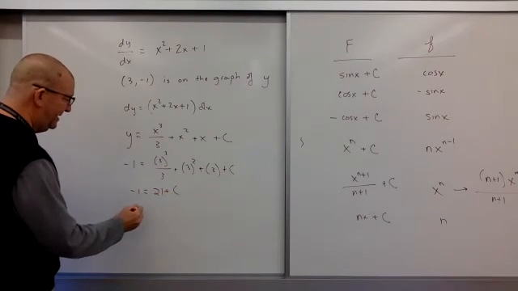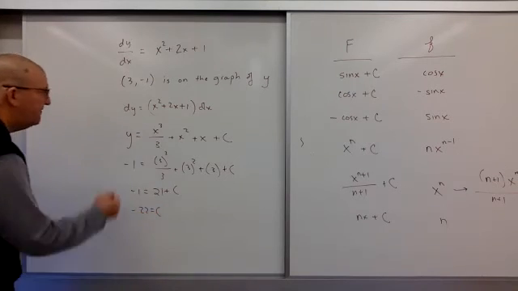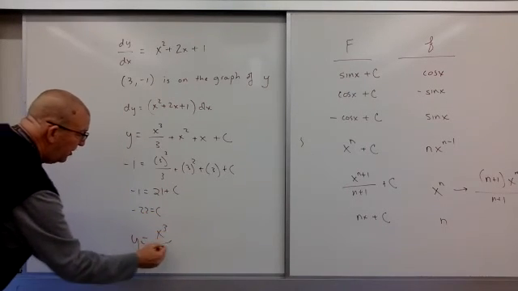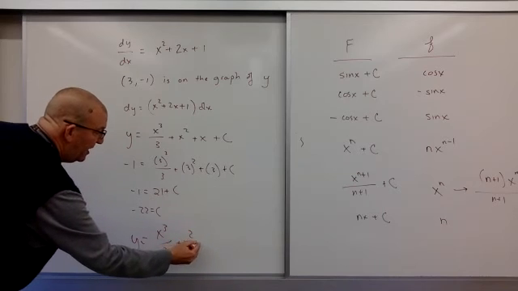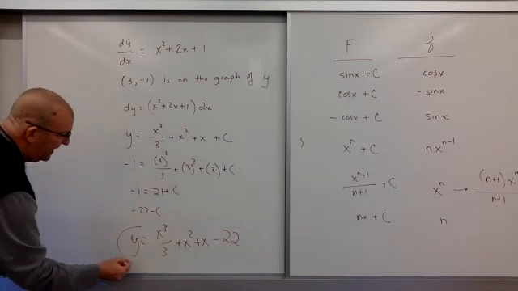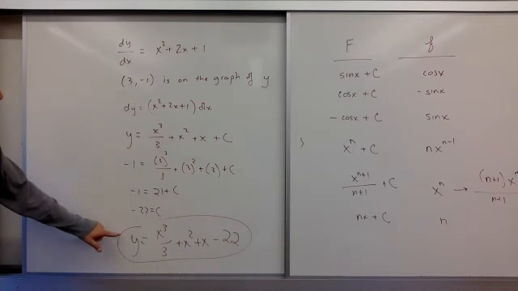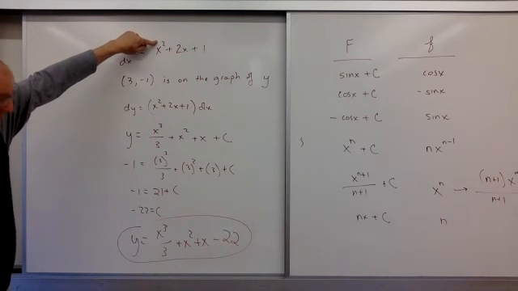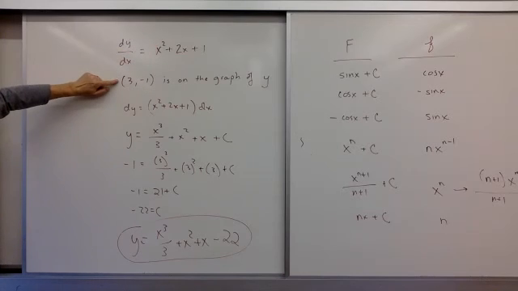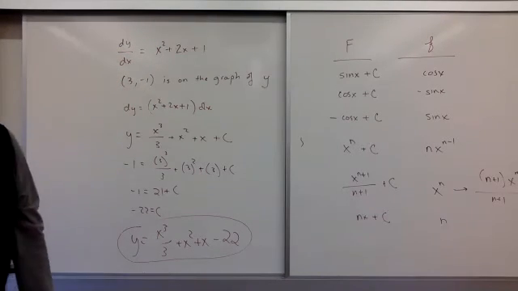Plus c, c is minus 22. So your final answer here should be y equals x cubed over 3 plus x squared plus x minus 22. And this is the function whose derivative is this. Yes, it is. And it contains this point.